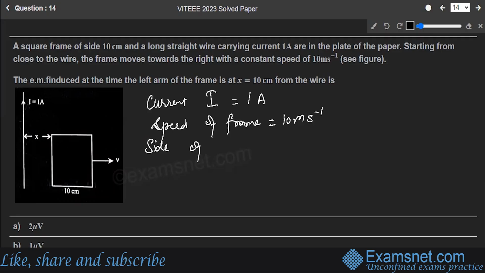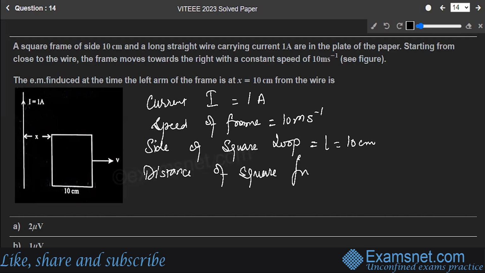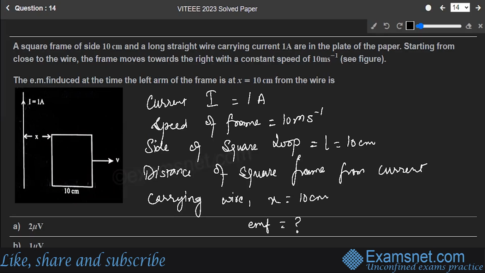Also side of square loop, that is 10 centimeters. Distance of square frame from current carrying wire is also 10 centimeter. You have to find out induced EMF.